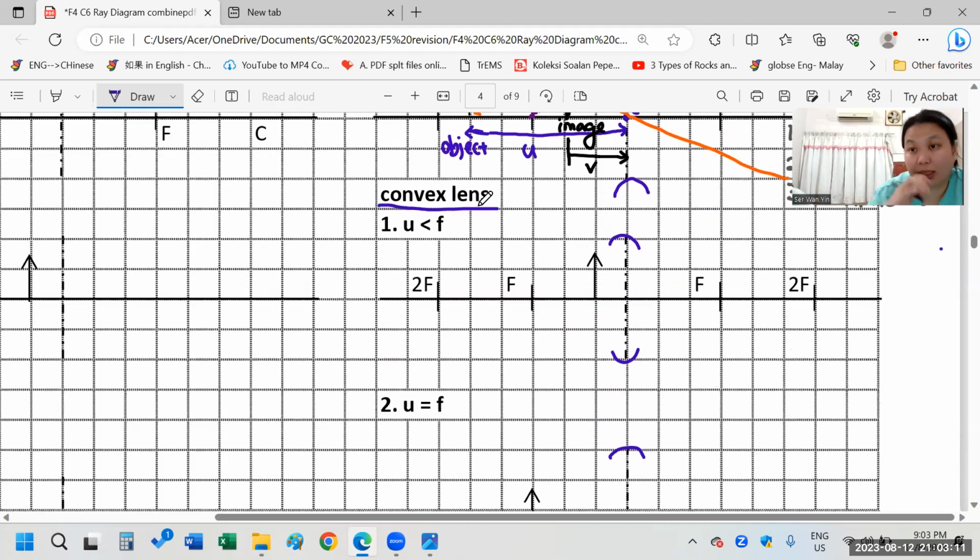Alright, so type 1 is when the object is less than the focal length. So you can see object distance less than focal length. This is object distance U. This is focal length F. U smaller than F. What will happen?